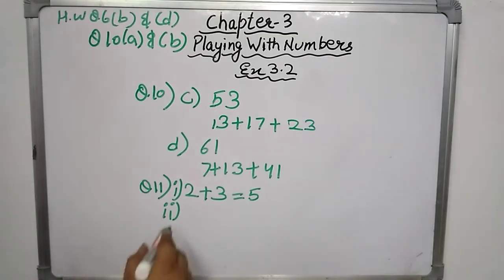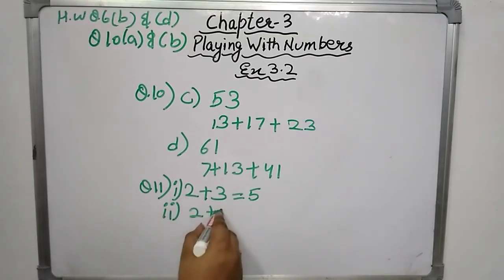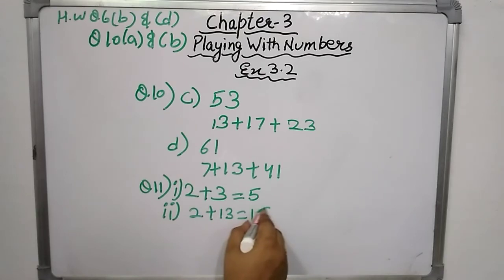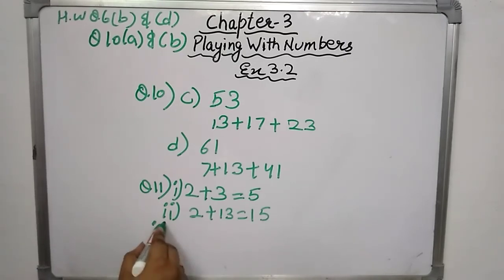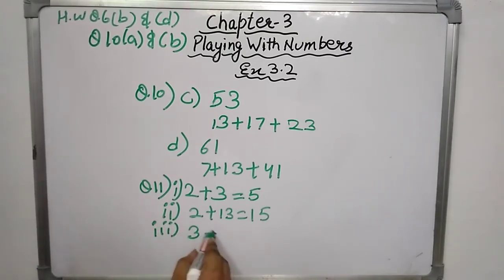Second pair would be 2 plus 13. This is 15. Yes, 15 is divisible by 5. Next pair, 3 plus 17 gives you 20, and 20 is again divisible by 5.